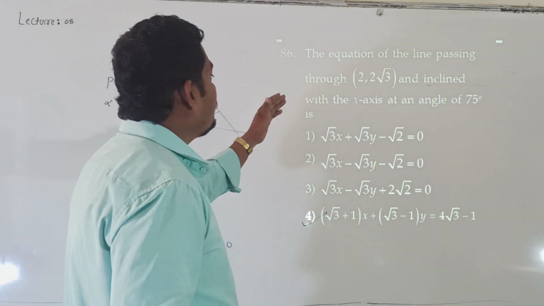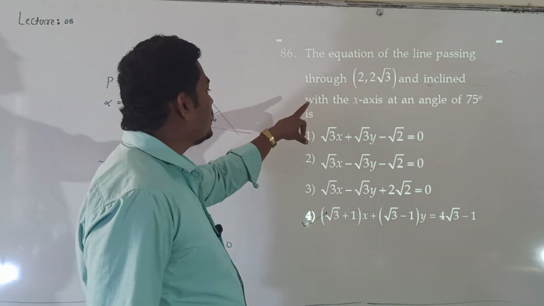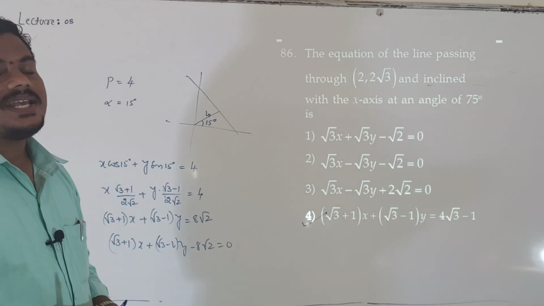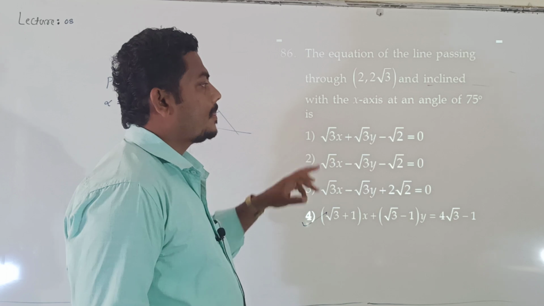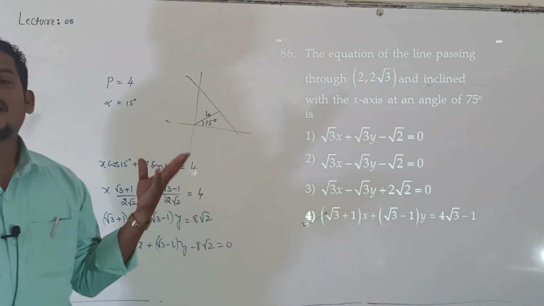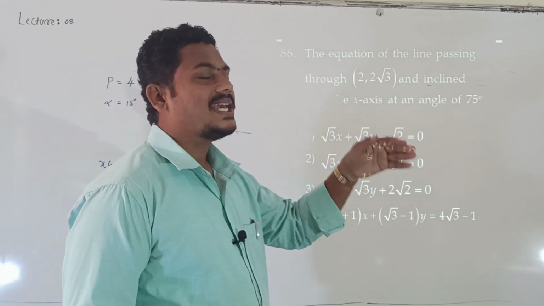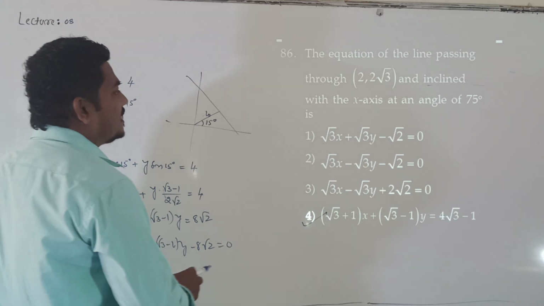Equation of the line passing through 2 comma 2 root 3 and inclined with the x-axis at an angle 75 degree is, means our required line makes 75 degree with x-axis and it passes through the point 2 comma 2 root 3.